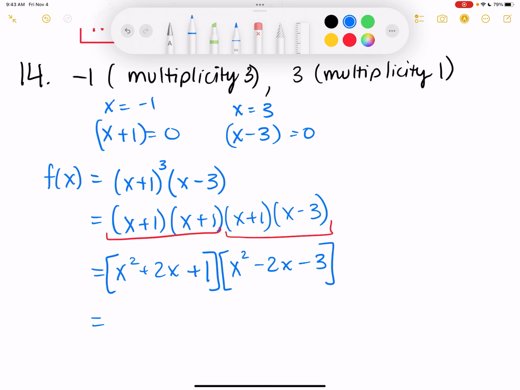X to the 4th minus 2x cubed plus 3x squared. Minus 3x squared. And then plus what? Second term, first one.